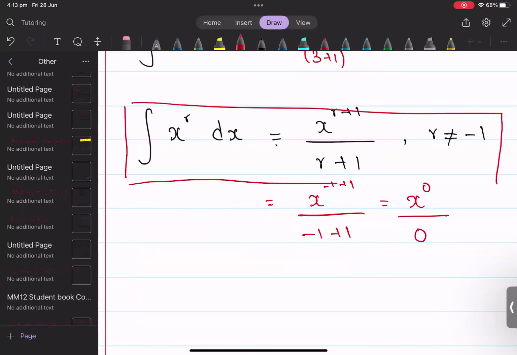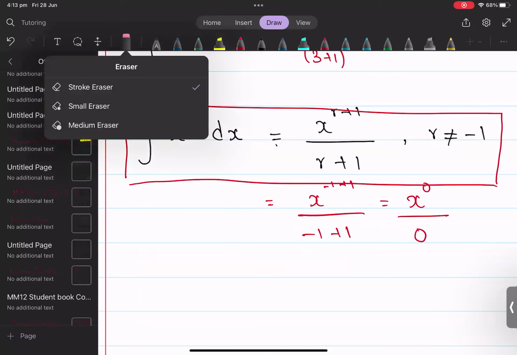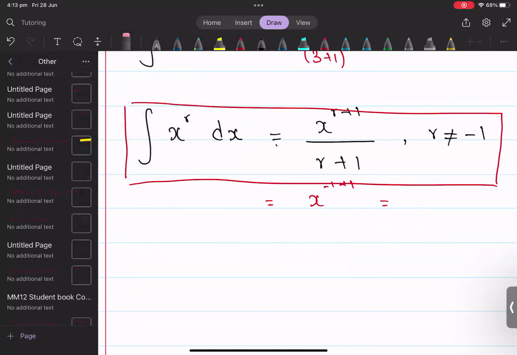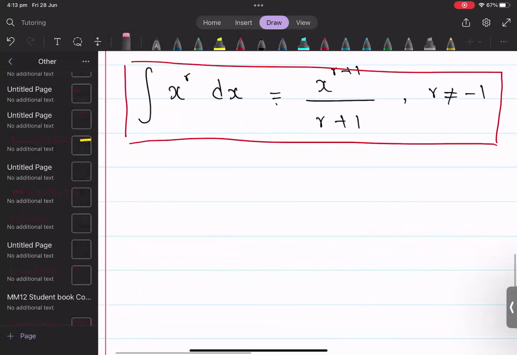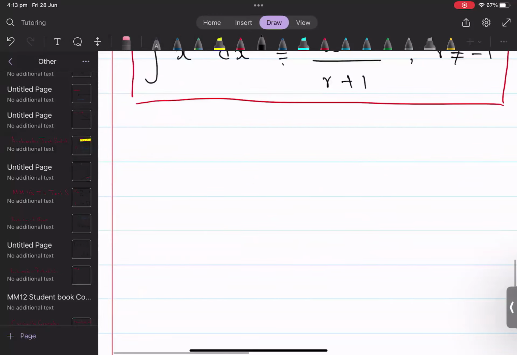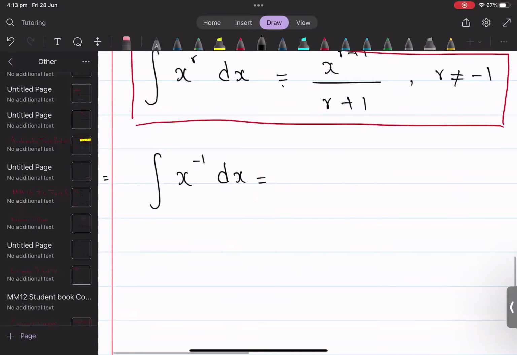You may be wondering, hey, what happens when r does equal -1? Surely I'll be asked to take an antiderivative of that. And the answer is yes. You may be wondering what that is, but the result is quite beautiful. So if we have x to the power of -1 dx, I'll just spoil it for you. This is the same as writing 1 over x dx.